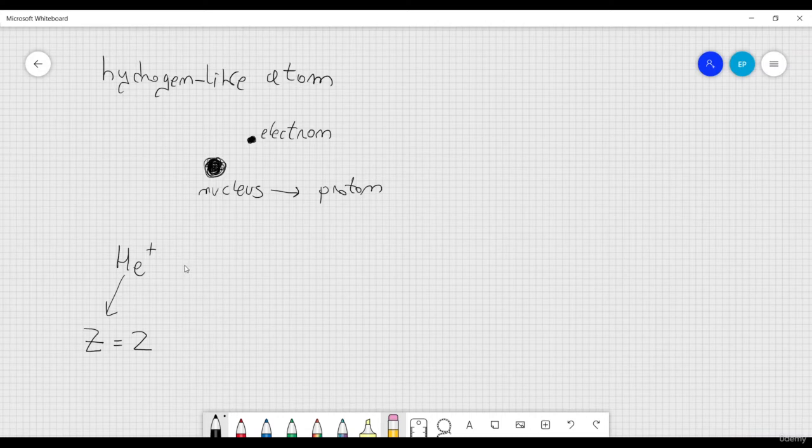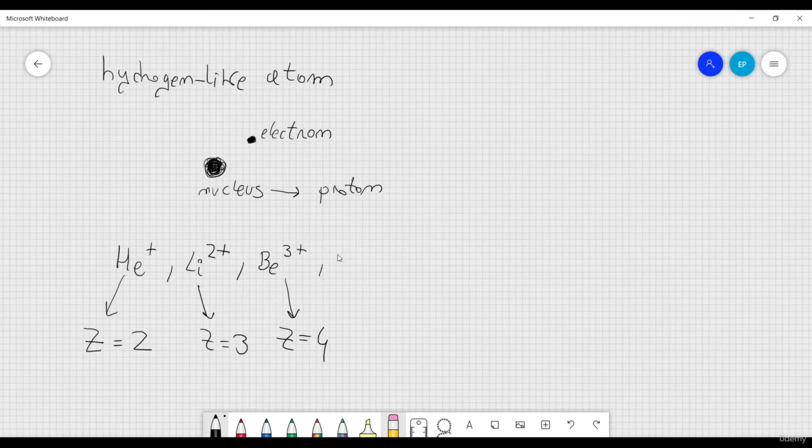And we can also give other examples like lithium with 2 plus charges. So it means that Z is equal to 3. And then we could have beryllium with 3 positive charges, which means that Z is equal to 4, okay, because there's also the electron, so it's 4 minus 1 that gives you 3.